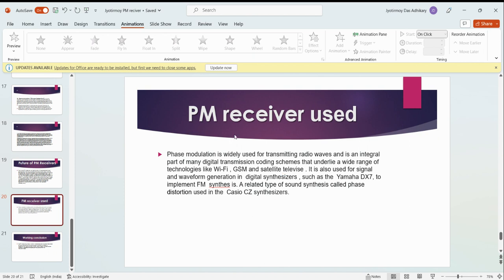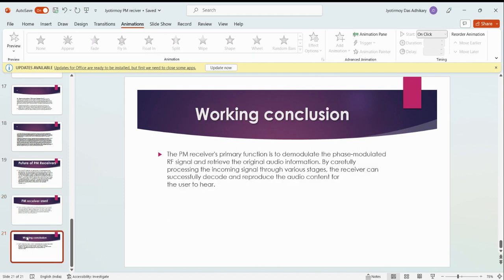That's where PM receivers are used, and their working also.